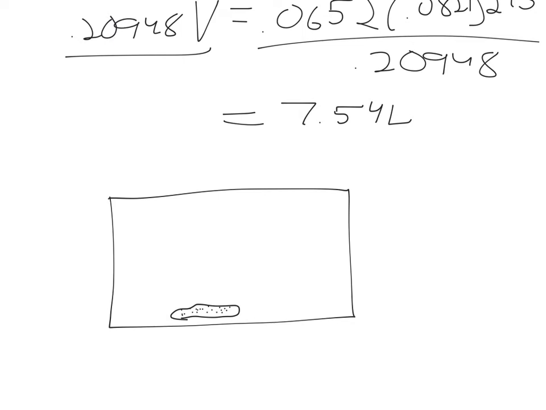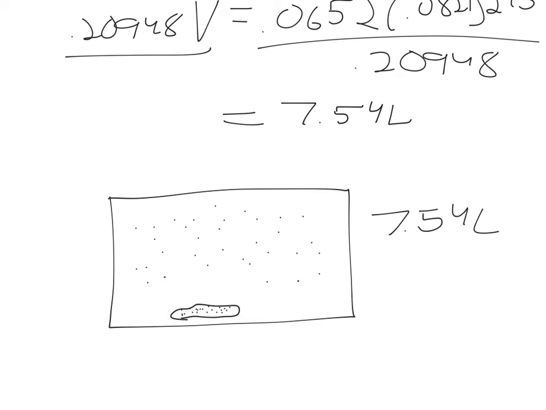Each of those molecules takes 3 oxygen molecules. We saw that when we balanced the equation. So for every point down here, I need 3 oxygen particles floating around inside the container. So I need a big enough container that they will all fit in there at that pressure and temperature. And we calculated that in order to have a container big enough for those oxygen molecules, it needs to be a 7.54 liter container.